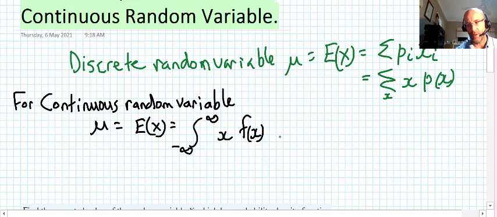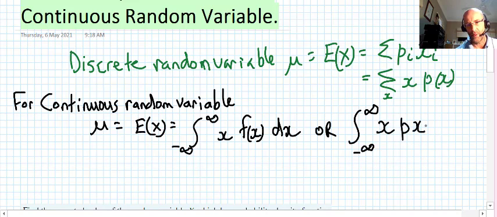For a continuous function, we can find it that way, or you might see it with slightly different notation, something perhaps like this. Very, very similar. Just P denoting probability.